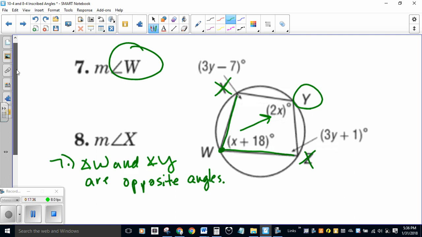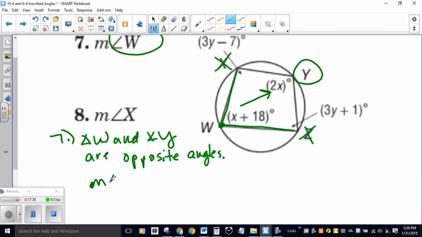Okay, and since they're opposite angles, they add up to 180 degrees. So when I add these two together, they equal 180.